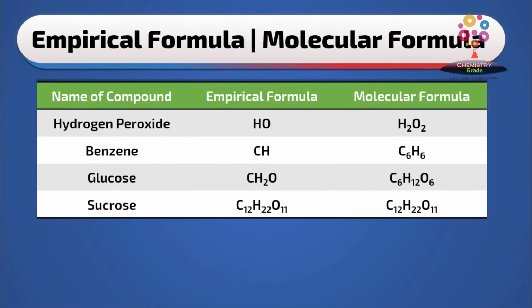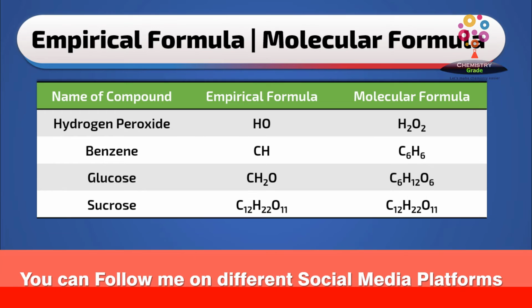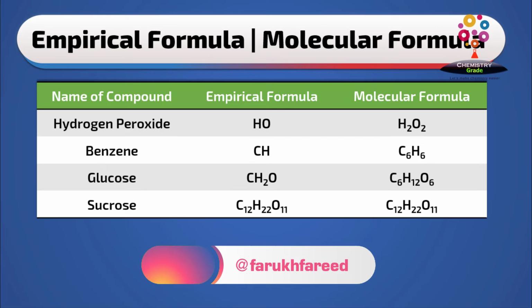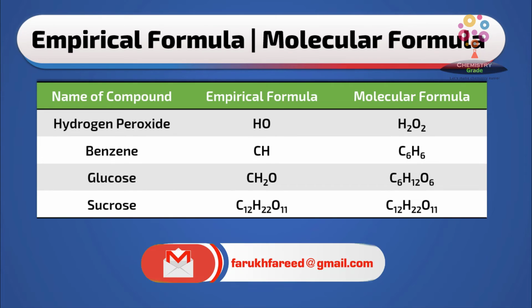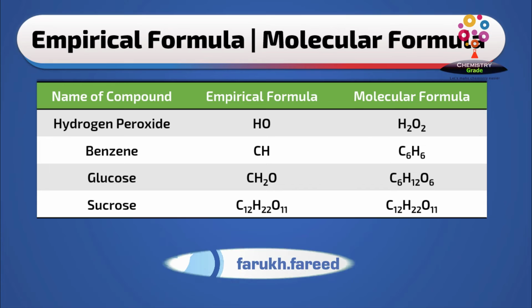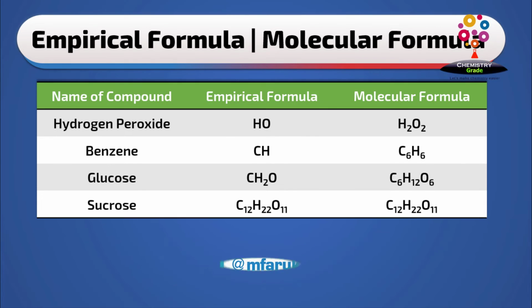So you can see a few examples of empirical formula and molecular formula. We have 4 compounds: hydrogen peroxide, benzene, glucose and sucrose. You can see the table showing you both the empirical formulas and molecular formulas, so you may easily compare them.